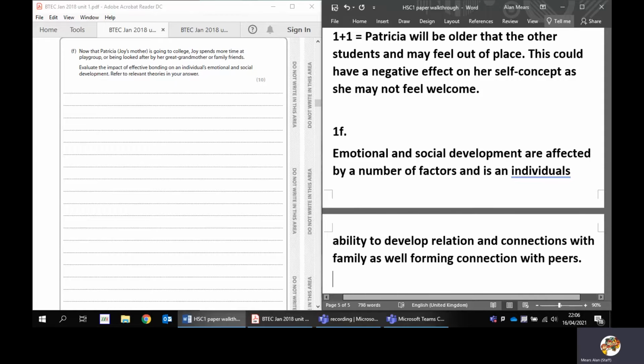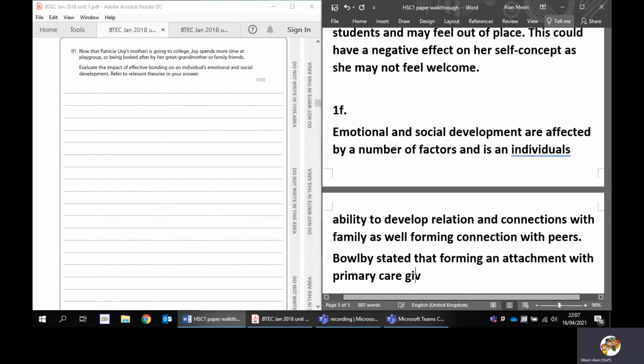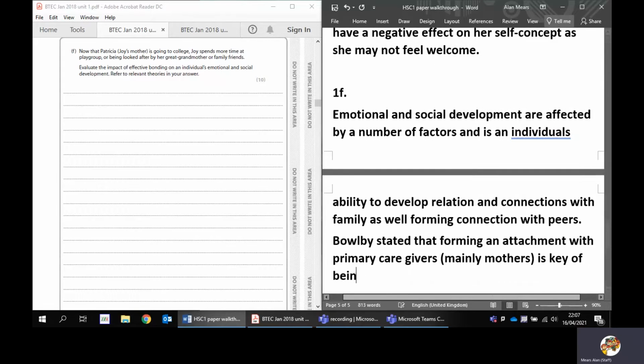So maybe we'll put some ideas together. The theory we can put in is Bowlby. Bowlby states that forming an attachment with primary caregivers, and particularly he focused on the mum, mainly mothers, is key for being able to form relationships in future life.